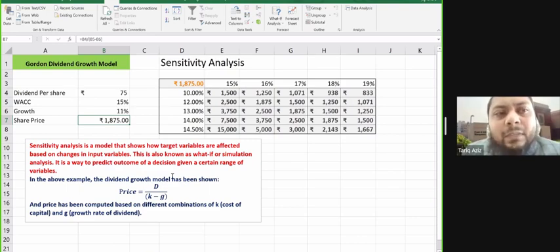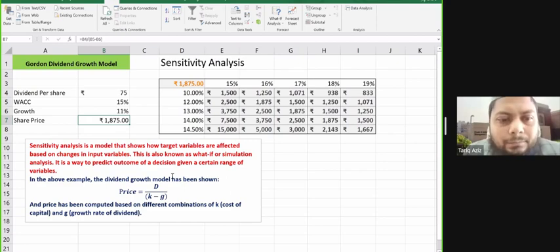If we expect that the weighted average cost of capital will be between 15 and 19, we are trying a range of that input instead of a definite specific rate. Variables can change, and how the outcome changes based on the change in input is called sensitivity analysis.